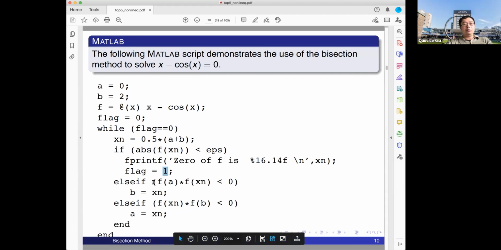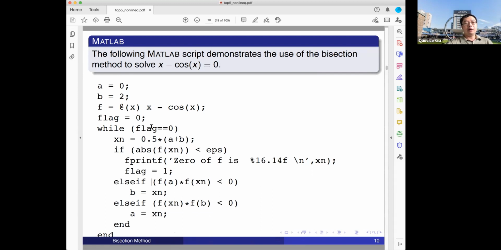Now, if f(a) and f(x_n) have opposite signs, then you choose b to be x_n. And if f(x_n) and f(b) have opposite signs, then you choose a to be x_n. So you see that even though I have a_n and b_n in the algorithm, in the program I just reuse the variables a and b again and again.